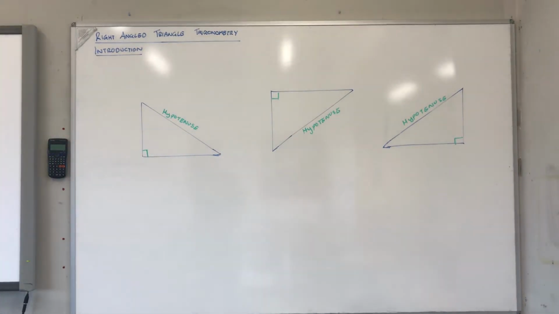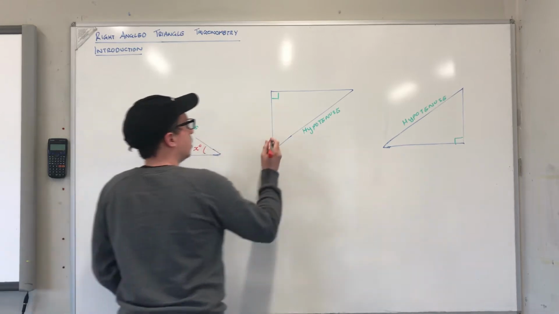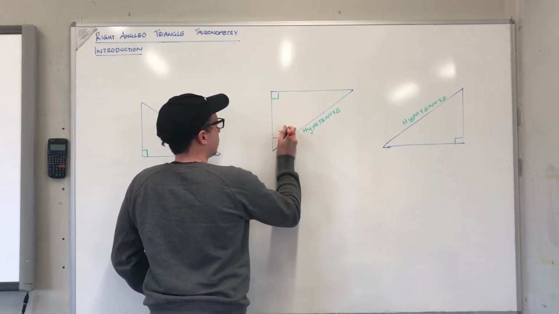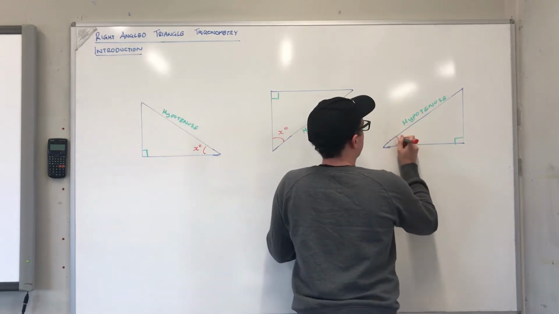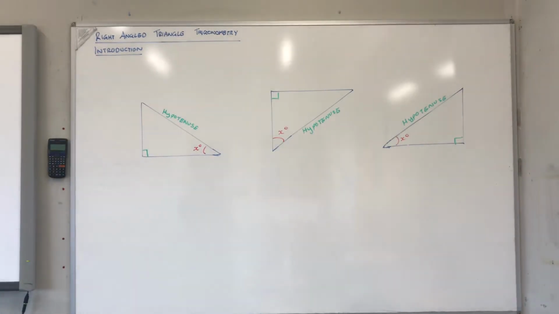So we need to have names for the other two sides, and they're interchangeable depending on one thing, and it depends on where we're considering and what angle we're talking about, okay? So depending on what angle you're dealing with, one of the other two from the 90-degree angle, you're going to have different naming of the sides, okay?